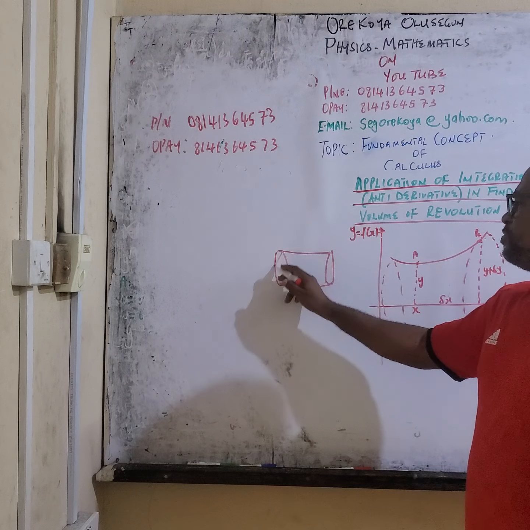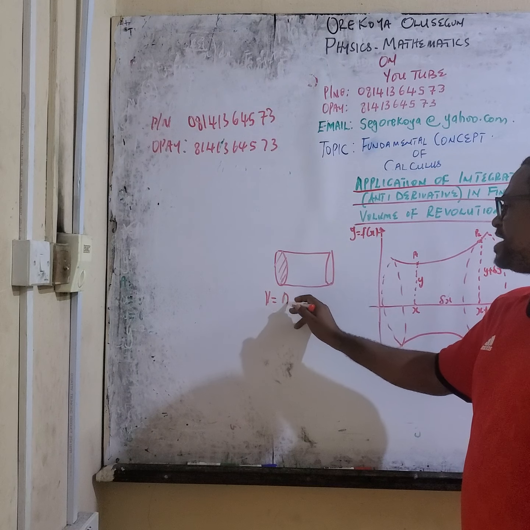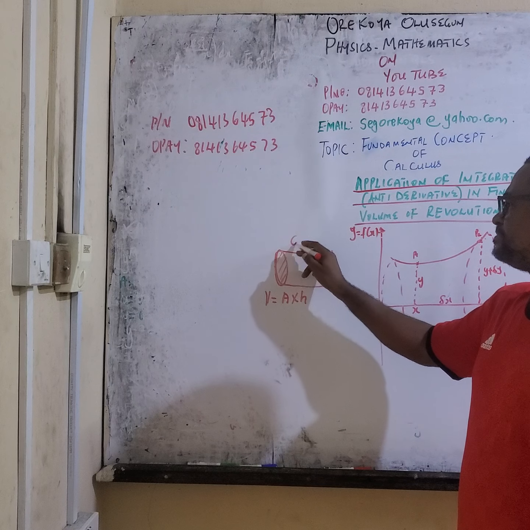Now we know very well that to find the volume of this cylinder, the volume in mathematics is generally base area times height.